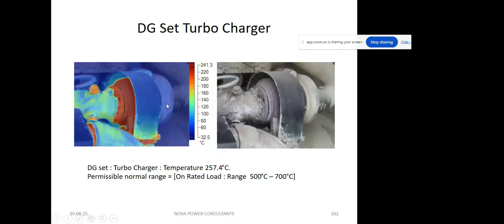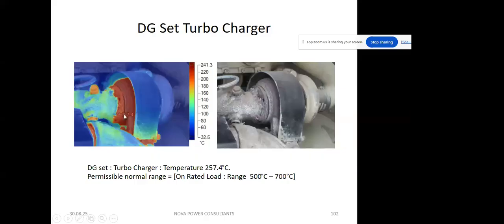Here you see the photograph taken with this thermograph, this thermal analyzer. This is the turbocharger. The turbocharger temperature is around 257 degrees. You see here the red color or dark red, brown color nearer to this.